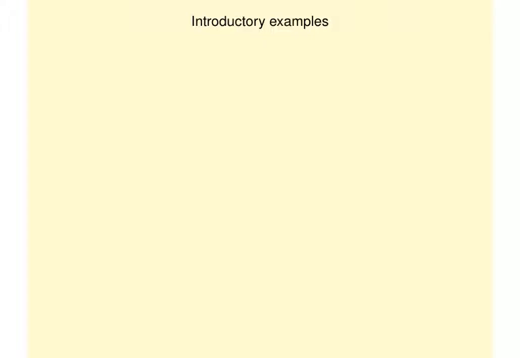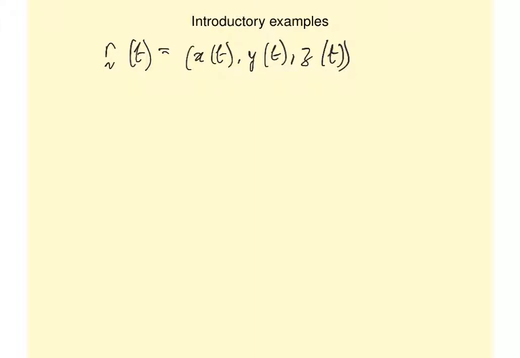So first of all, and perhaps most basically, there's curves and surfaces in R3. So, for example, vector R, a function of t, where t is a real parameter, perhaps restricted to an open interval, and x, y, and z are smooth functions of t, so differentiable of all orders, and therefore all the derivatives are continuous.